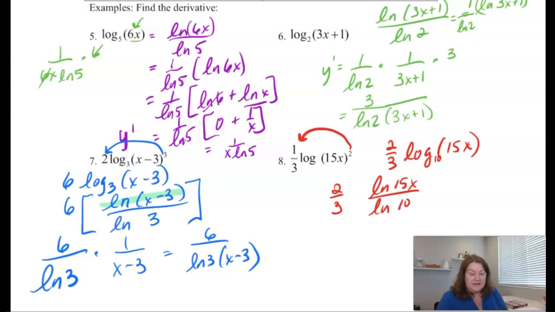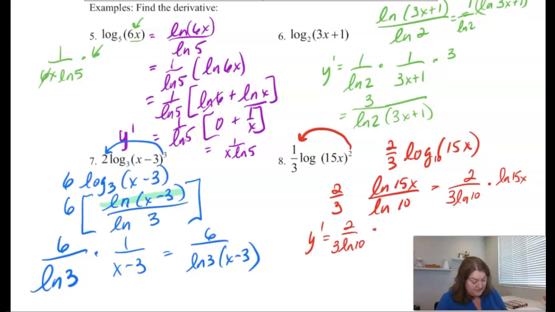Okay? All right, so we still have to take the derivative of this. So again, remember that only the one with x is really it. So this is really 2 over 3 times ln of 10 times the part that has the x in it. Okay, so here we go for derivative. So this is the constant that just stays in front, 2 over 3 ln of 10.